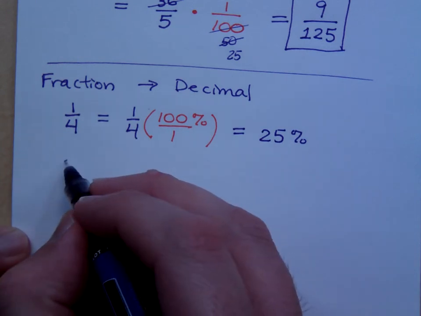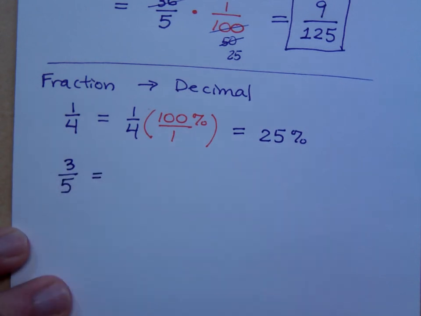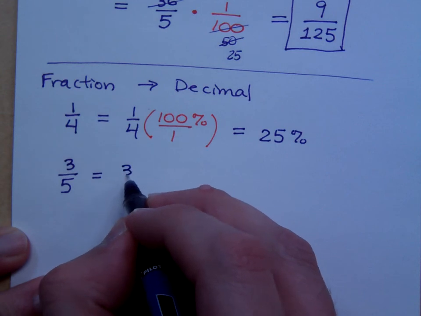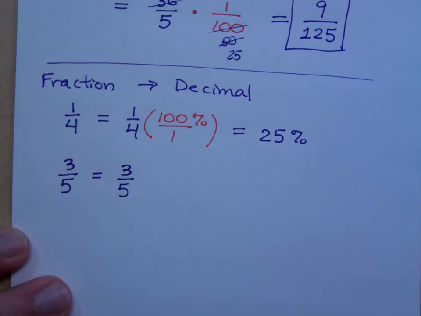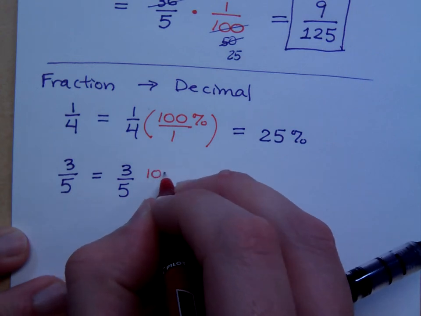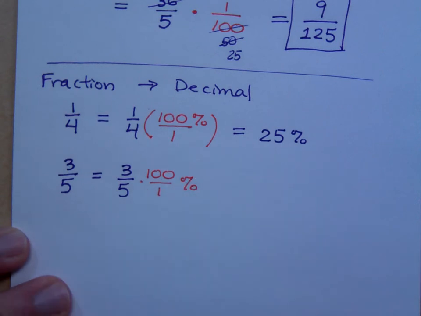Just like if I were to take this, 3/5. How would I convert this guy to a decimal? But just what you saw, I can multiply 3/5 times what? Times 100 over 1%.